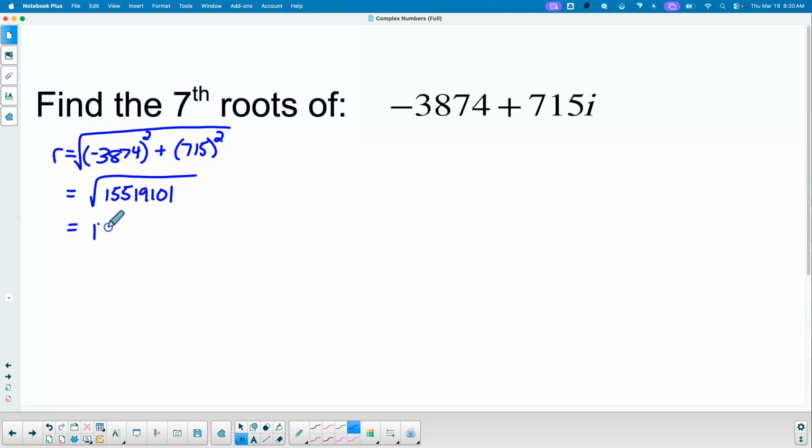Ooh, it does simplify. 13 times the square root of 91,829. Love it. Inverse tangent.